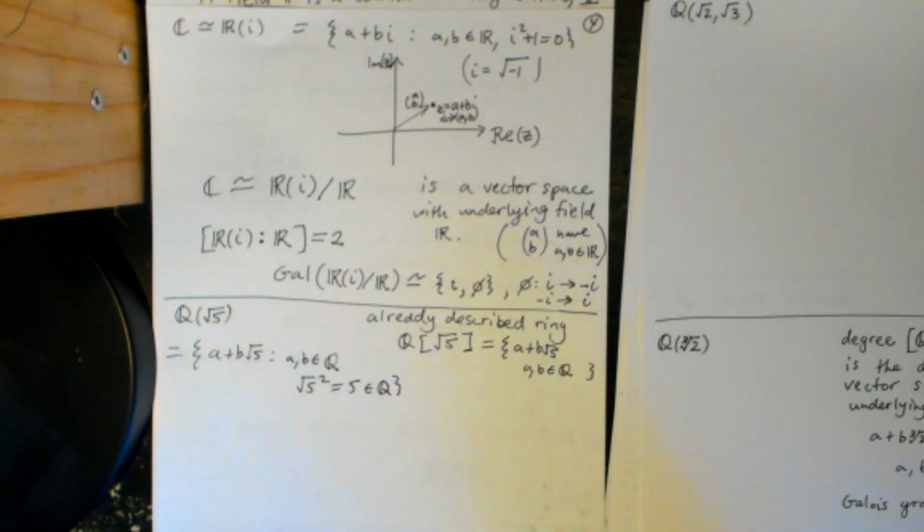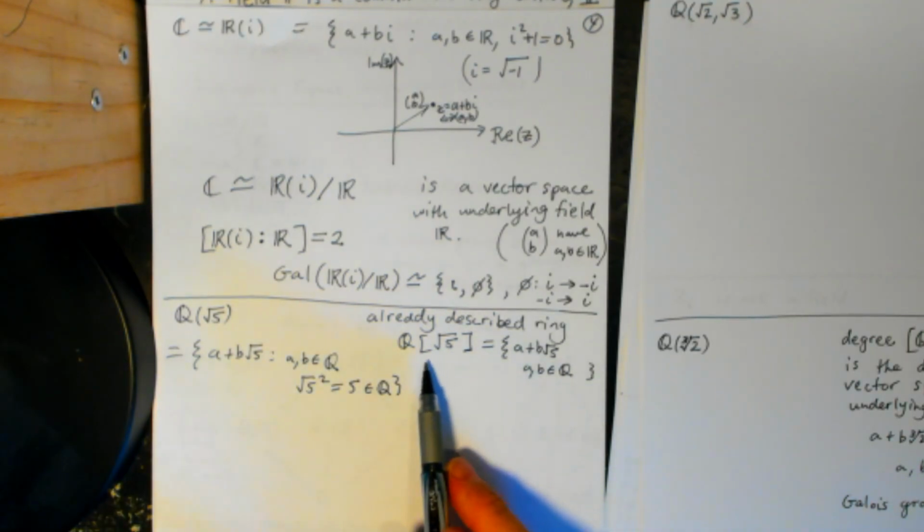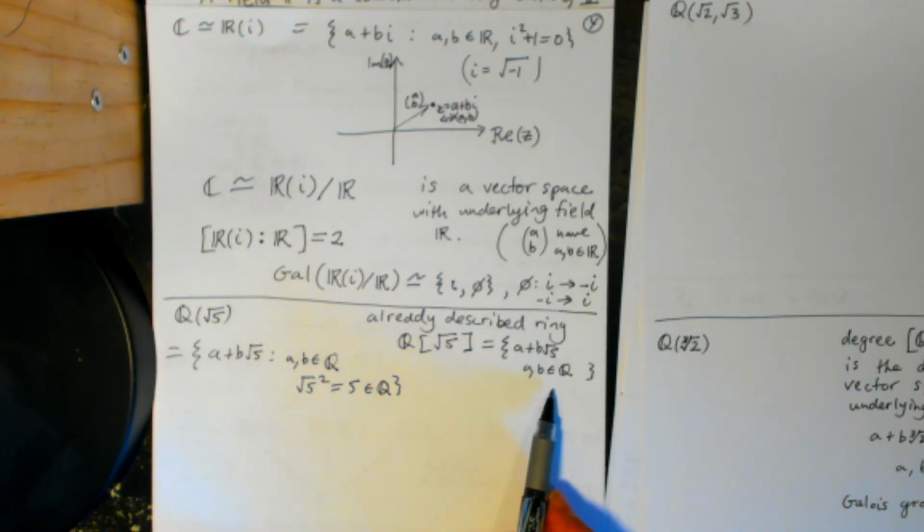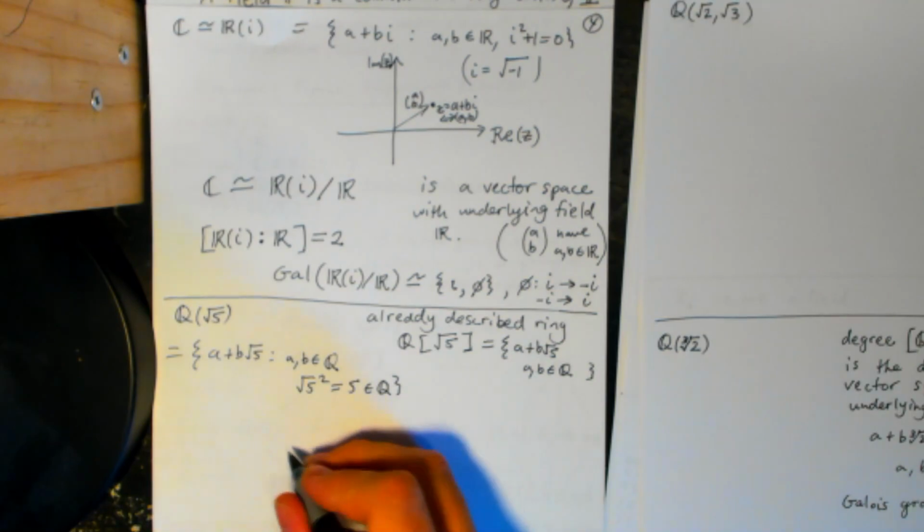Okay, so this is also a field because we've already said that we have this as a ring, so multiplication distributes over addition. The number 1 is a multiplicative identity in that ring, but every element has an inverse.